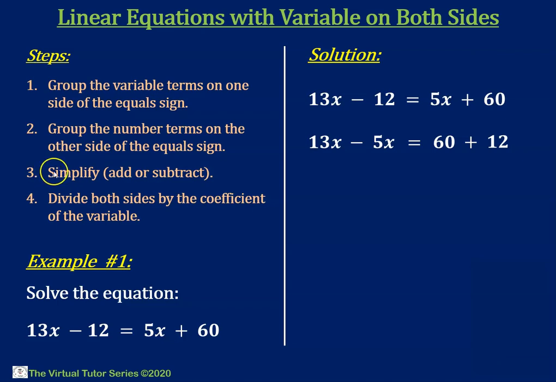Step 3 is to simplify by adding or subtracting the like terms. So at the left-hand side, we have 13x minus 5x to be 8x. And at the right-hand side, we have 60 plus 12 to be 72.